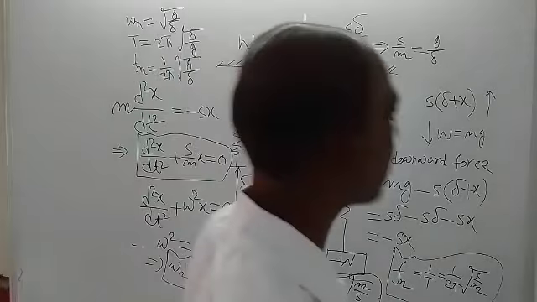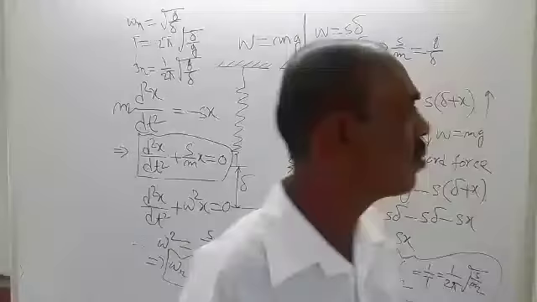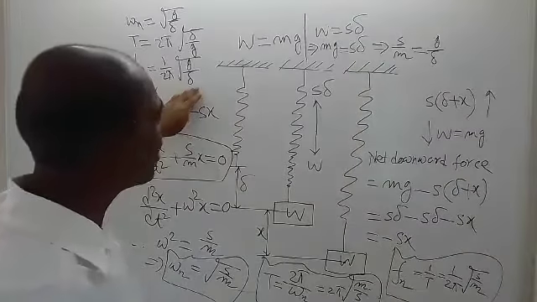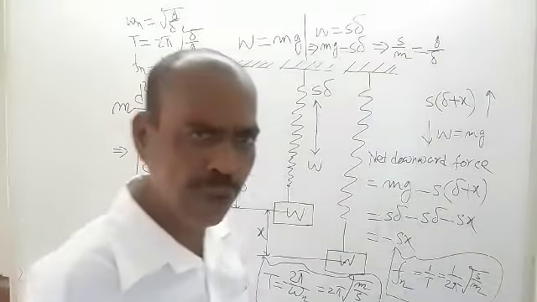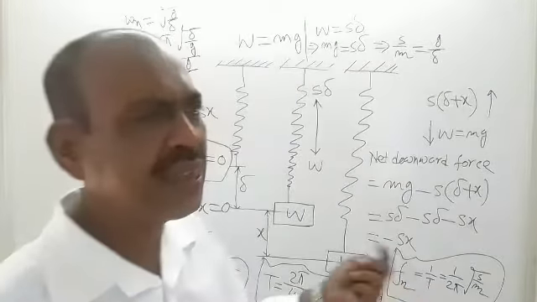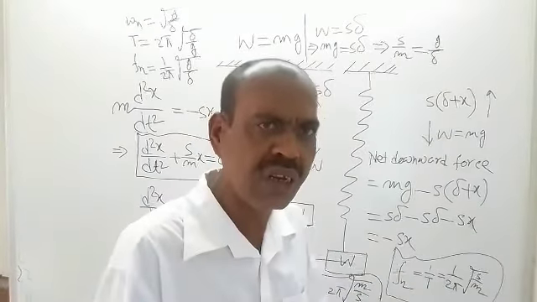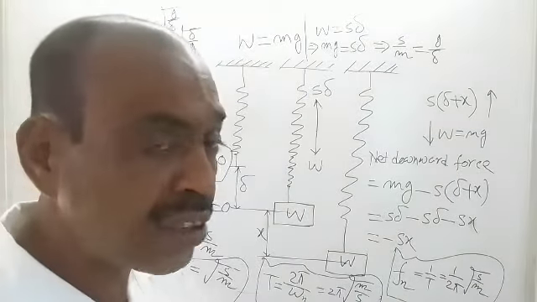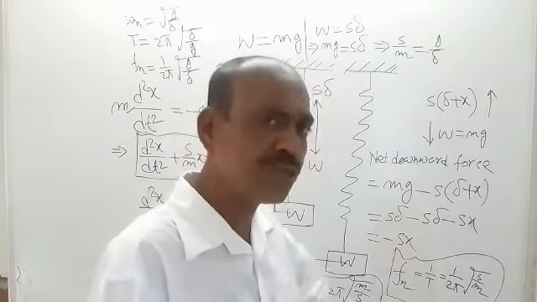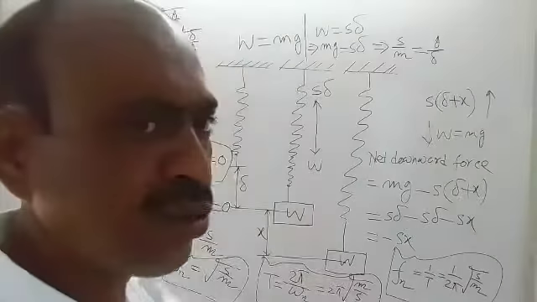And at last, I want to say one more thing, that is delta. This can be given in the numerical problem, the value of delta, or by using the property of the given material of the spring. If the material of the spring is known, then delta can be calculated.